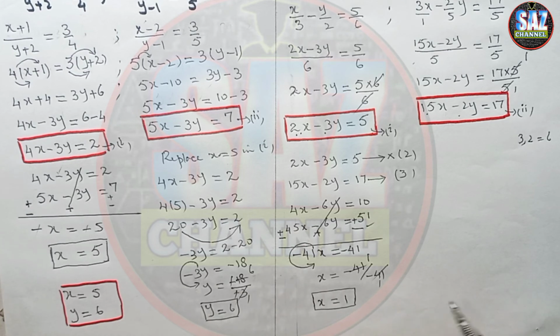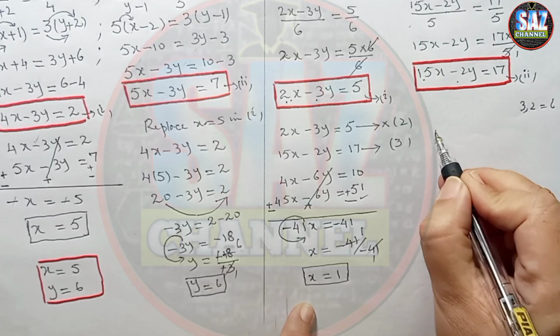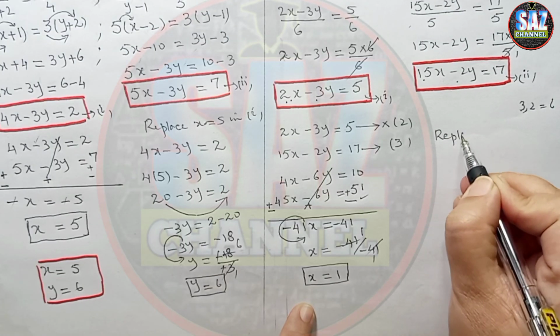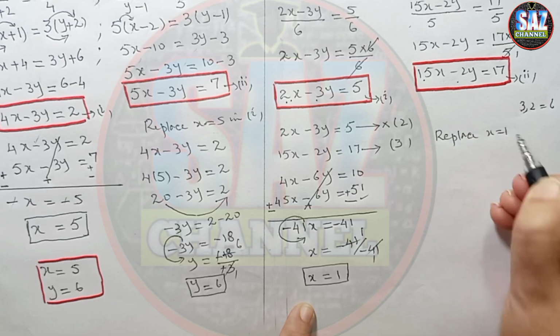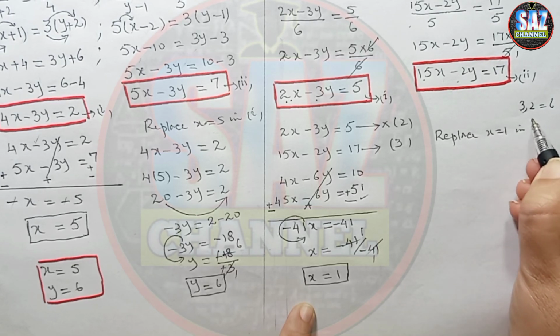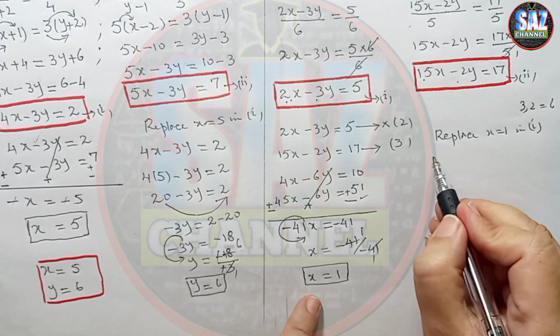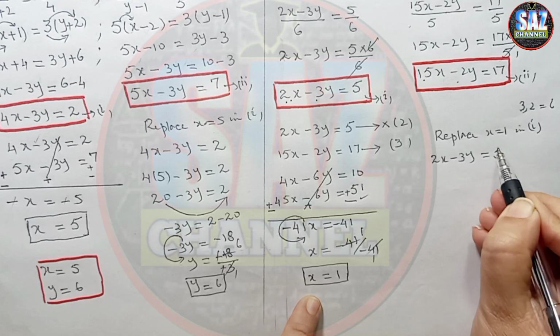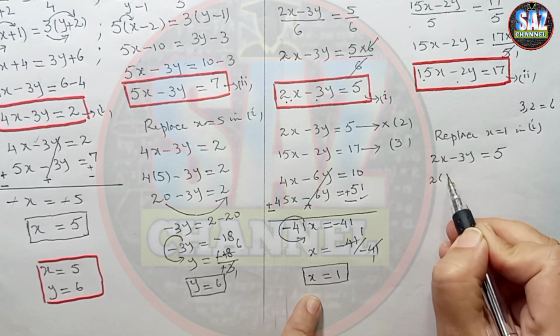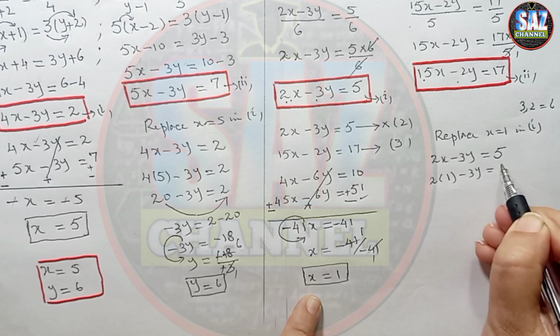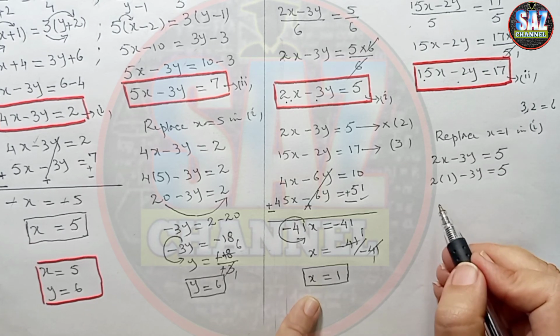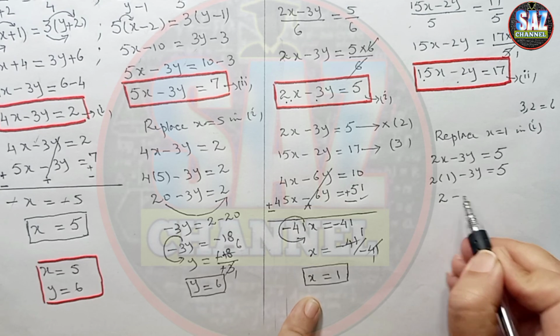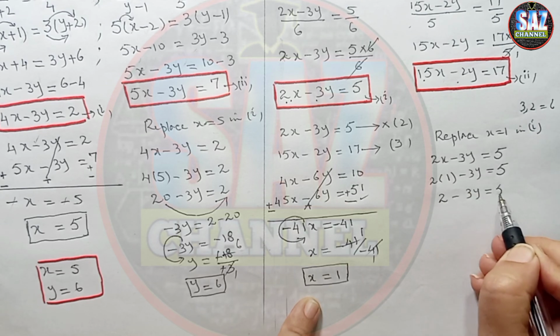Now I have to replace that value of x in any one of the equations. So I replace x equals 1 in equation 1. The equation takes the form 2x minus 3y equals 5. 2 into 1 minus 3y equals 5, or it can take the form 2 minus 3y equals 5.